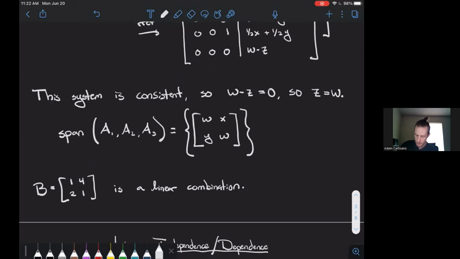We also could say 1, 2, 3, 4, or 2, 4, 6, 8, doesn't matter. We know that one's not a linear combination, because look, the top left and bottom right entries don't match.